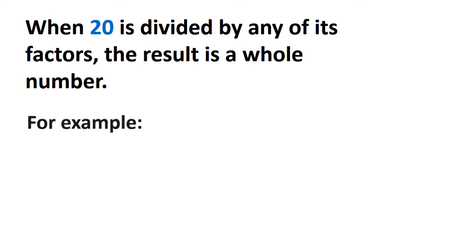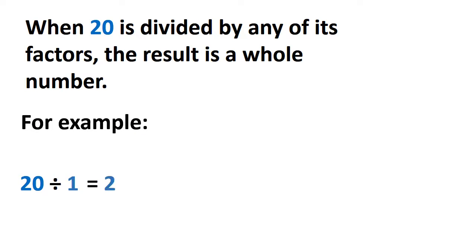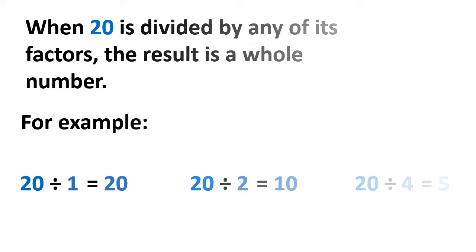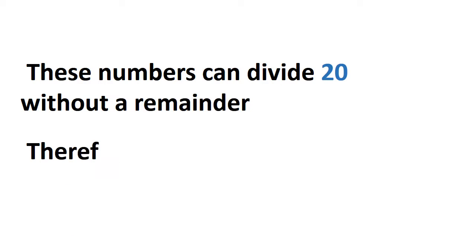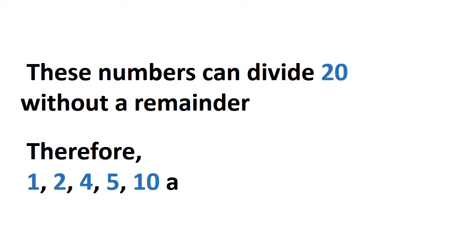For example, 20 divided by 1 equals 20. 20 divided by 2 equals 10. 20 divided by 4 equals 5. These numbers can divide 20 without a remainder. Therefore, 1, 2, 4, 5, 10, and 20 are factors of 20.